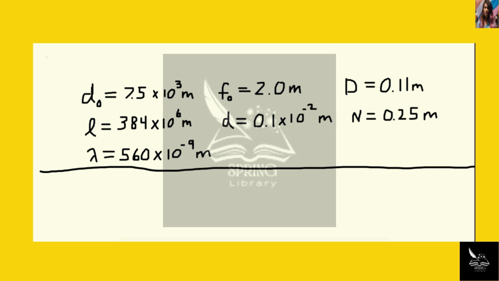To get started on this first part, we write the expression for the magnitude of angular magnification of the telescope, ignoring the inversion of the image, which would give a negative sign.